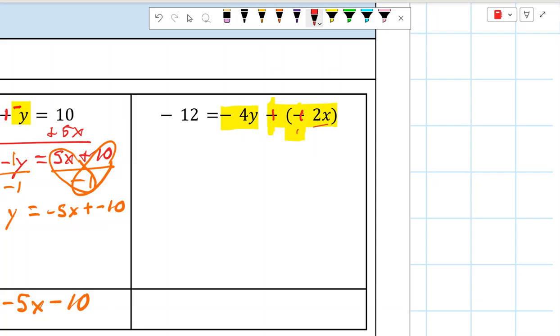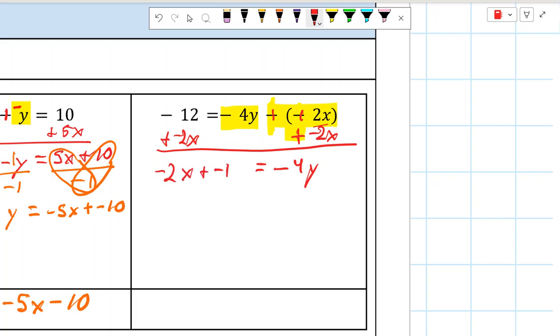We want to remove the 2x by adding a negative 2x to both sides. And that leaves negative 4y on the right side. And on this side, remember we want to have the x term in the front, negative 2x plus negative 12. Now we're going to remove the negative 4 from the y by dividing by negative 4.